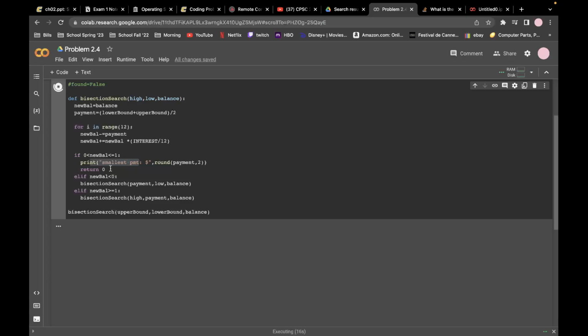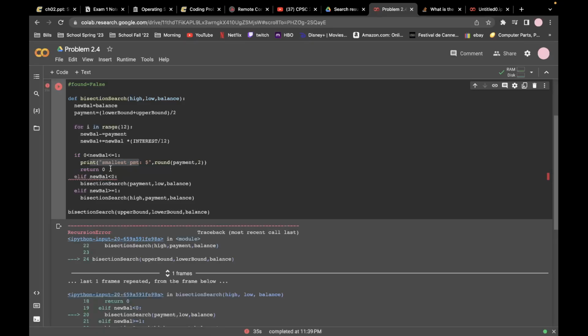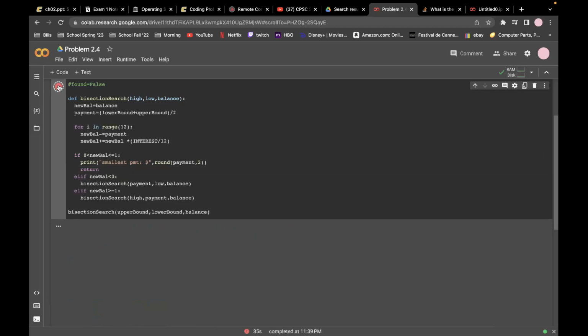Rate less than 0 but payment low. Which makes sense because we want the payment to represent the upper bound if it's less than 0, and vice versa for greater than or equal to 1. Yeah, I don't know. Is it just return?